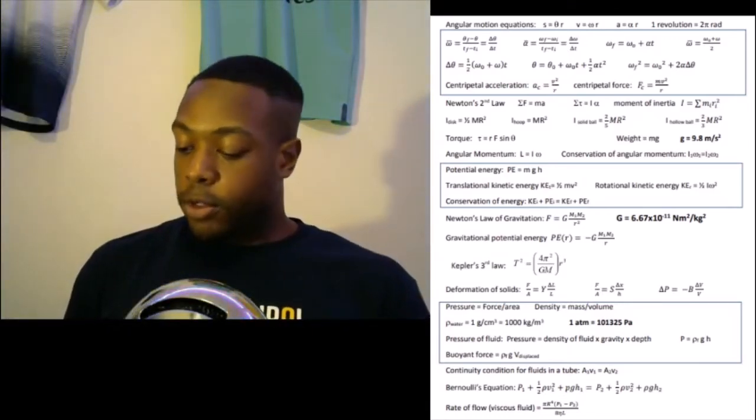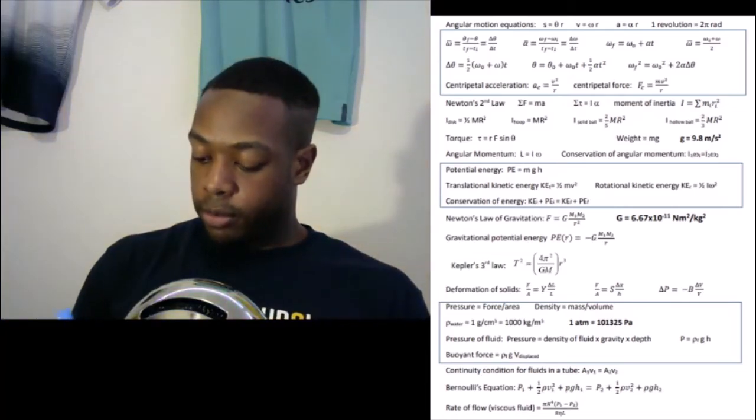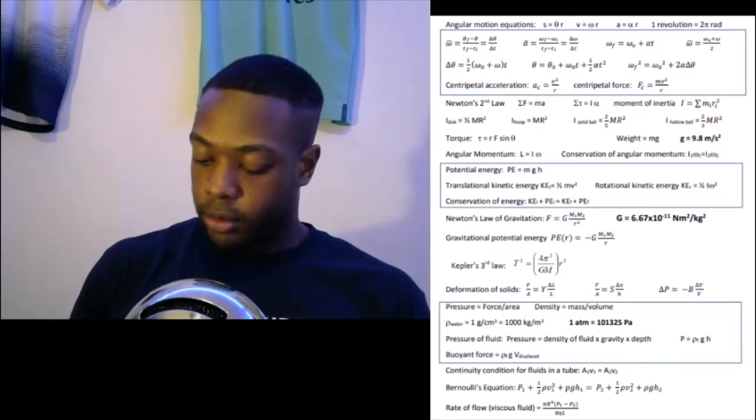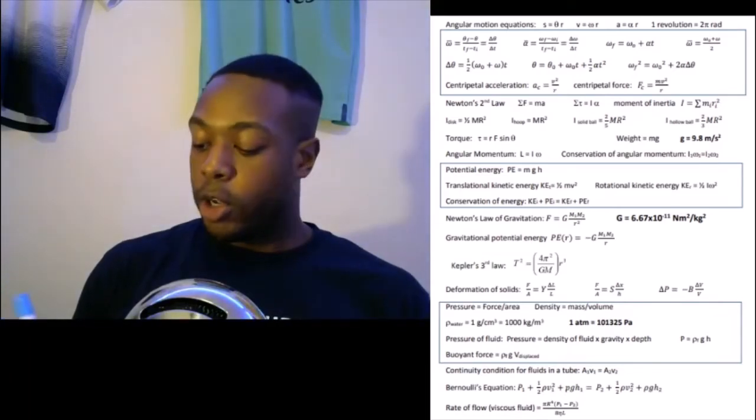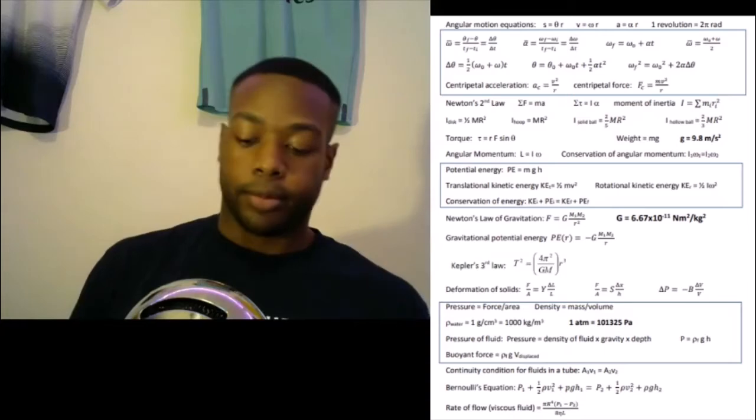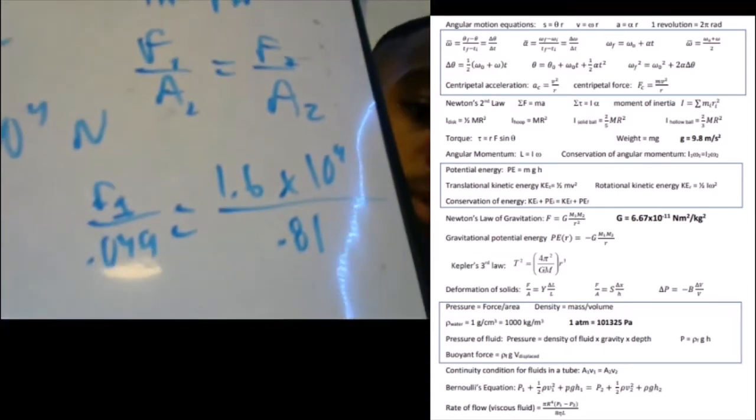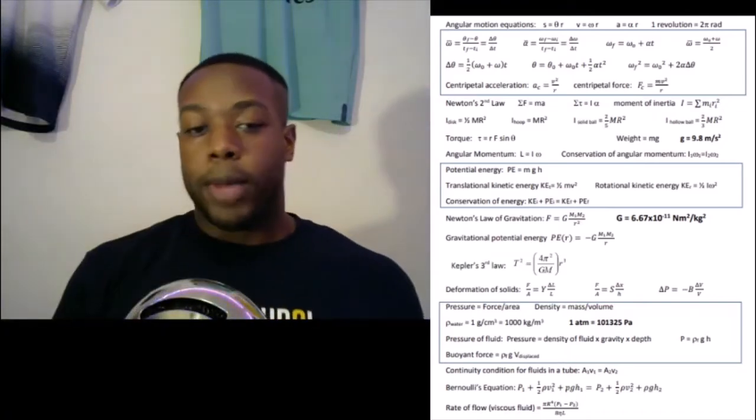So we know force 1 is what we're looking for. Area 1 is the 0.049. Force 2 we have as 1.6 times 10 to the 4. And area 2 we know is 0.81. So that's what I have. Do a little math in your calculator, and that would be it for this problem.